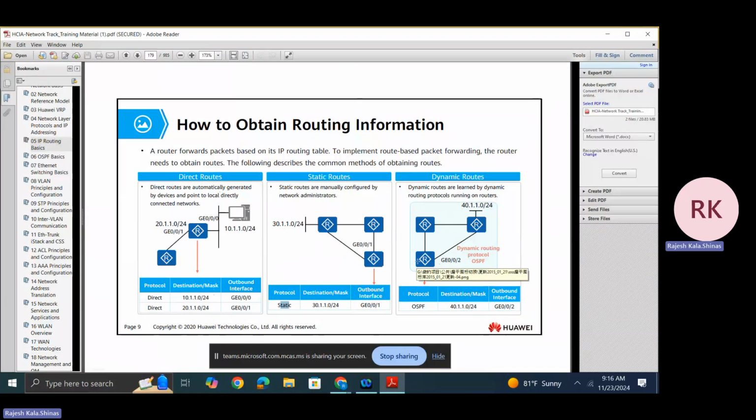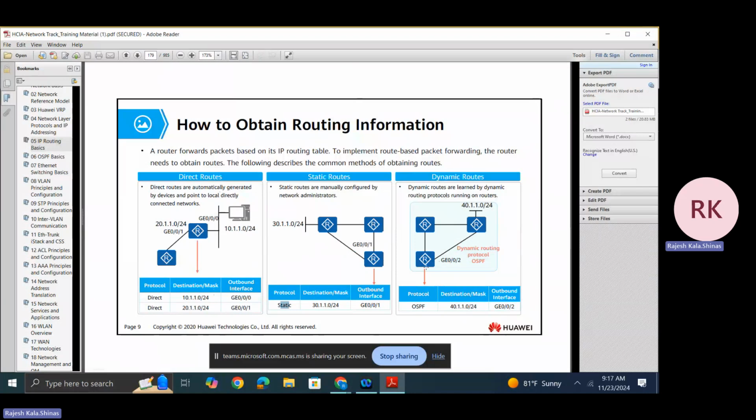So OSPF is the protocol. I will configure OSPF between these two, and this router will exchange this information with that router.